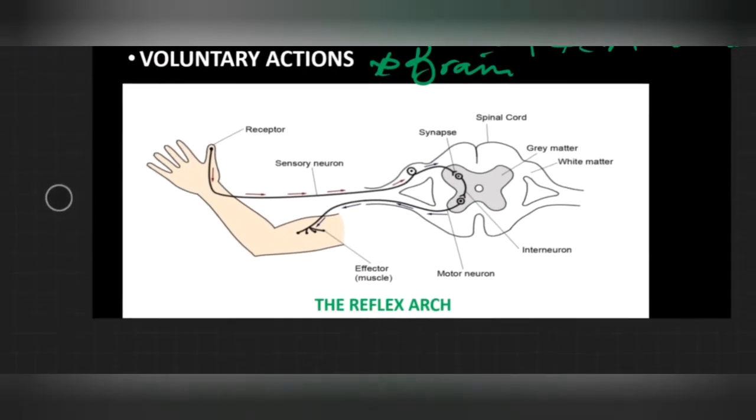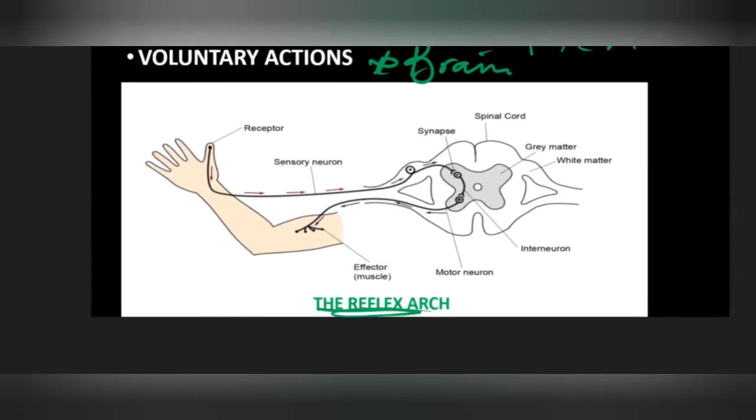A reflex arc is the pathway through which a reflex action passes. It is the path through which impulses pass in a reflex action. So that path in which messages or impulses pass through is what we call a reflex arc.